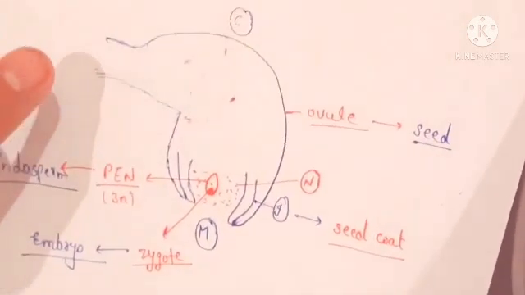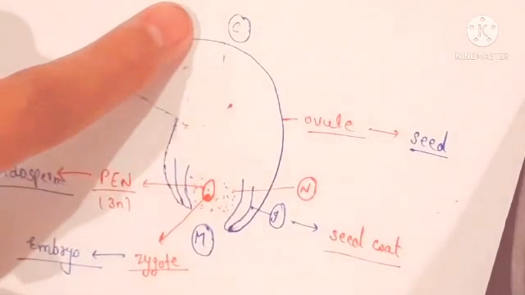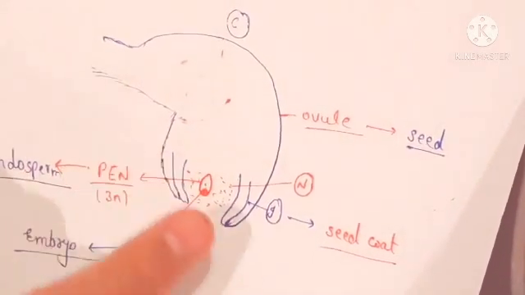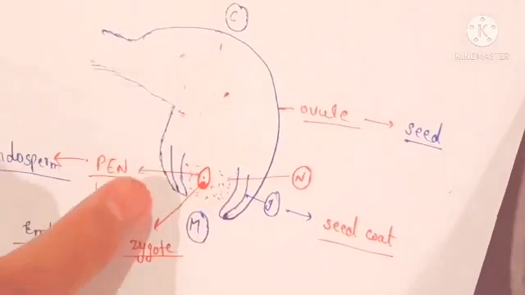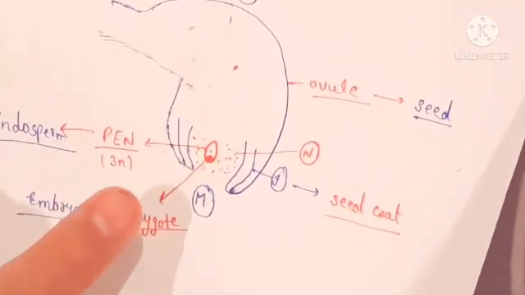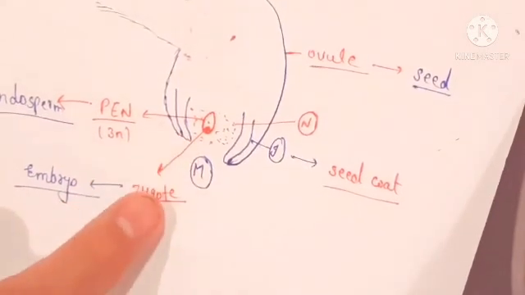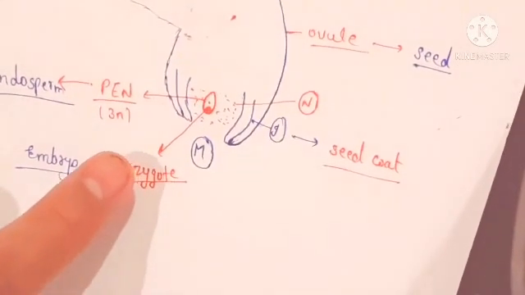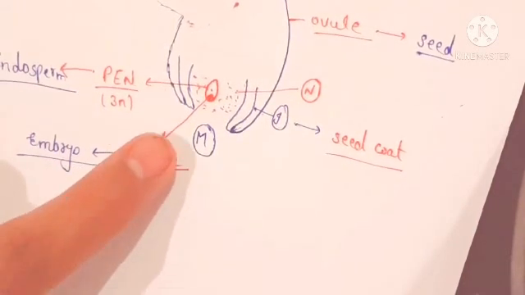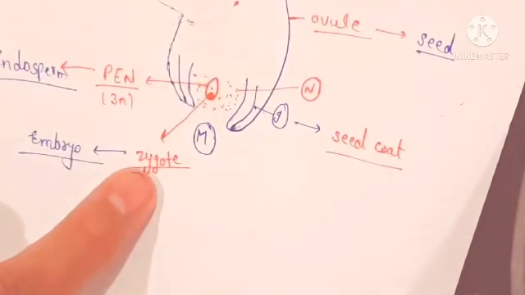So this is the structure of the ovule. Here this one is the chalazal end. This one is the micropylar end. This one is the nucellus. This one is the primary endosperm nucleus. Inside it there is the egg. After fertilization, in the post fertilization stage, this egg is converted into zygote.